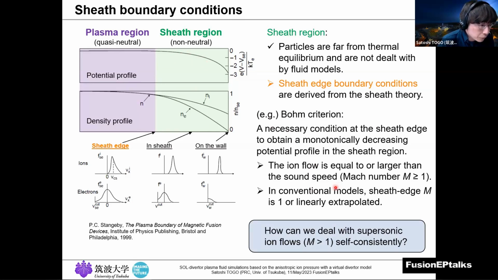In conventional models, the sheath edge Mach number is fixed to be 1 or linearly extrapolated if it tends to be larger than 1. But this treatment is not a self-consistent one. On the other hand, in some conditions of experiments and kinetic simulations, supersonic ion flows can be generated. Then how can we deal with supersonic ion flows self-consistently?